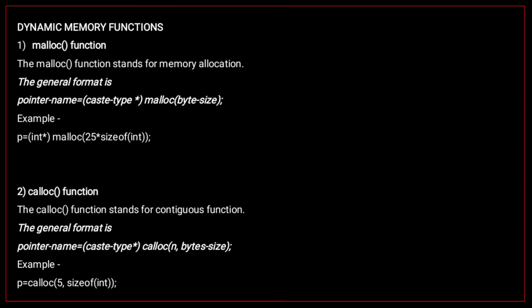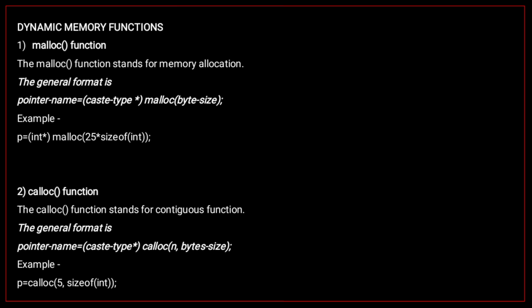Now this is the general format of the malloc function: pointer name = (cast type *) malloc(byte size); Here pointer name is a pointer of cast type. Byte size is the number of bytes required to be reserved in memory, and the malloc function returns a pointer to the allocated memory of byte size.